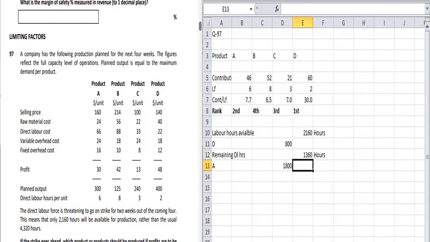So product A will require 1800, but we only have 1360 hours, so we can't produce the whole maximum demand of product A. So what we have to do is take these hours and divide by how many labor hours are required to produce 1 unit of product A, 6 in our case, so it's 226.67. Okay, so we can only produce products A and D. We can't produce B and C because the labor is going on strike. Okay, so hope this is clear to you.